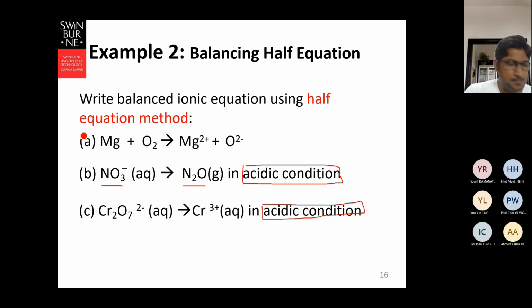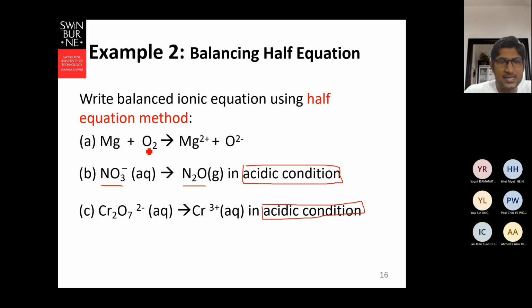Okay. So how do we balance this equation? We already know that oxidation and reduction are happening. Either oxidation is happening and then reduction, or reduction first, but it doesn't matter, because oxidation is happening and reduction is happening, right?